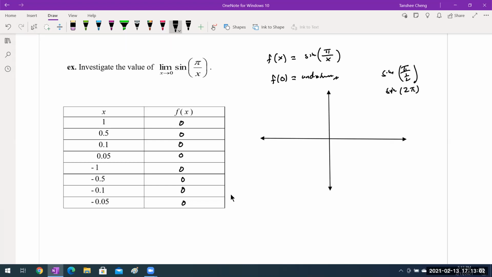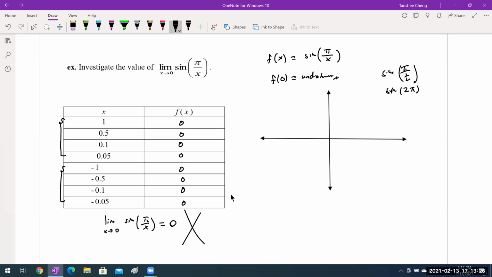Then right away you might conclude that as we approach 0 from the right-hand side, and from the left-hand side, the limit as x approaches 0 of sine of pi over x is equal to 0. And that's where it's going to be wrong.